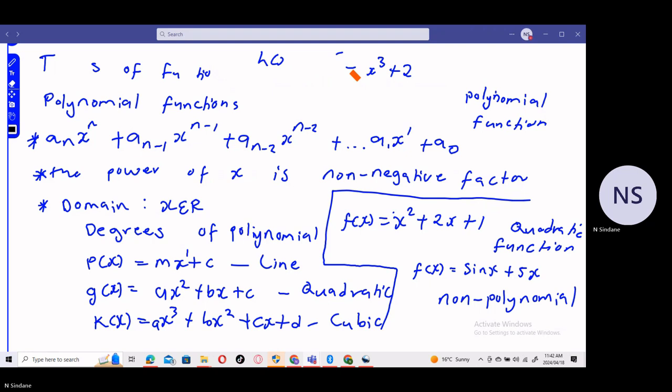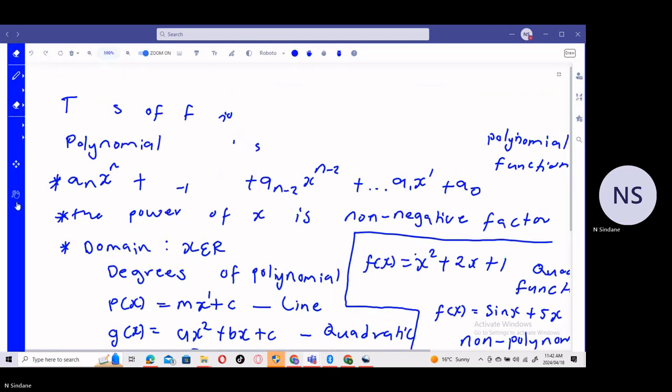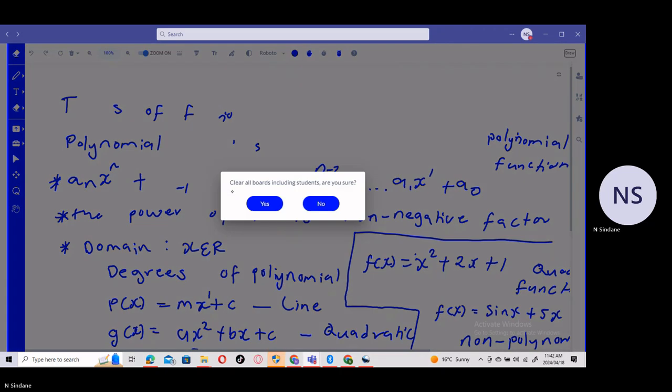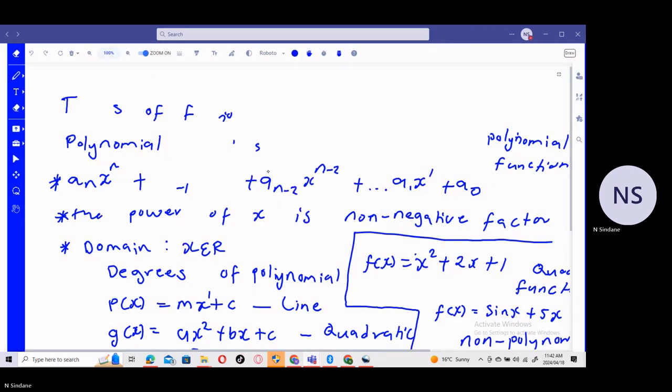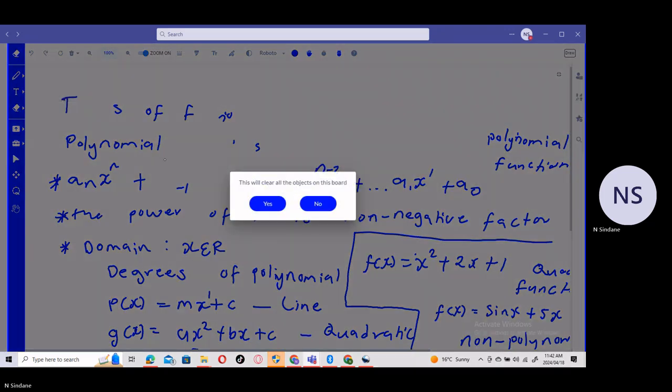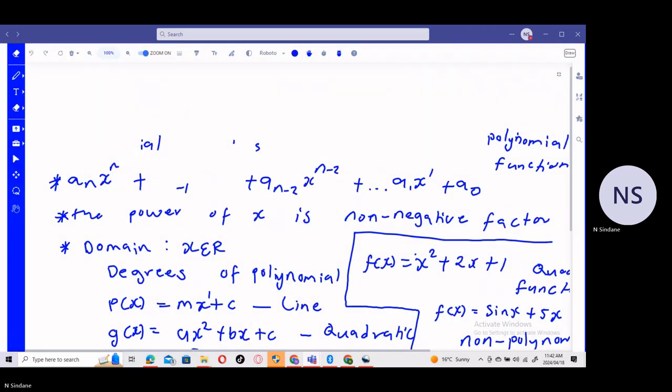Let's clear the page. Yes, okay, there we go.